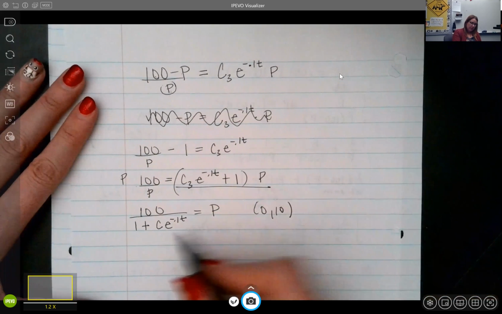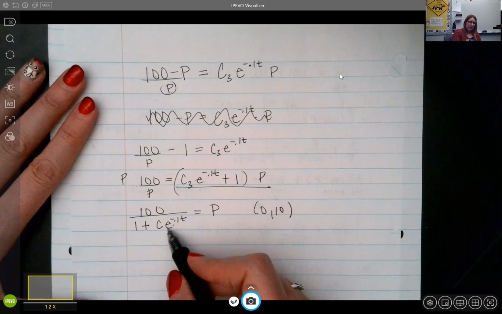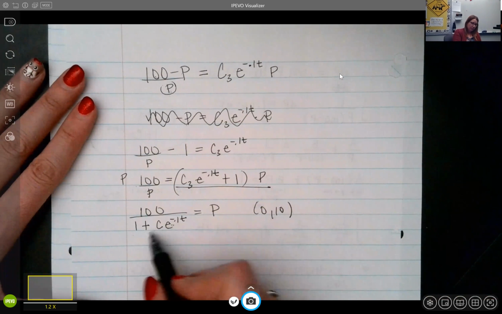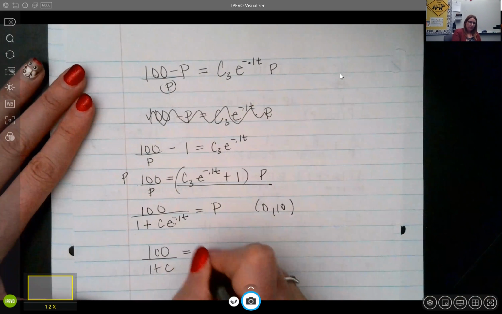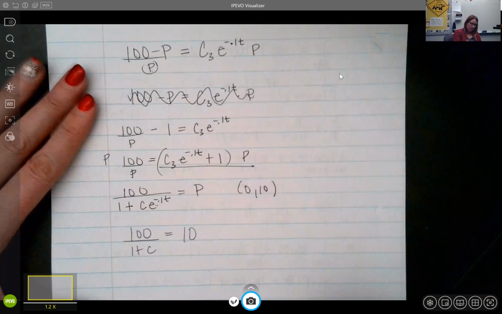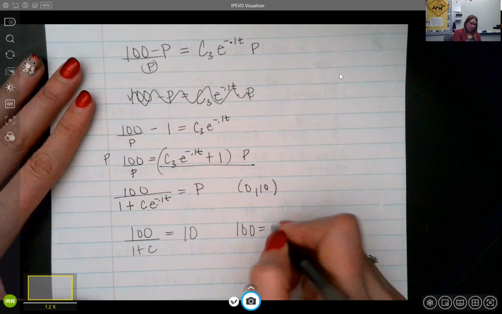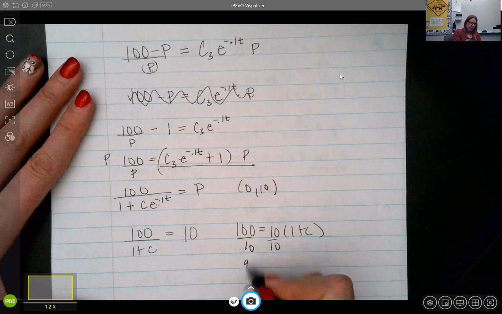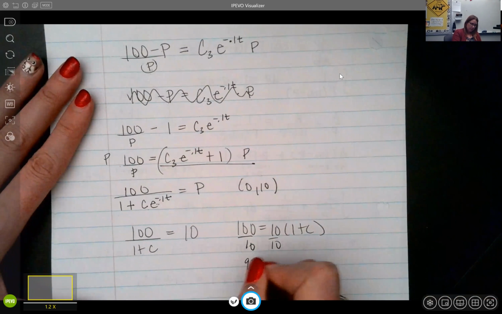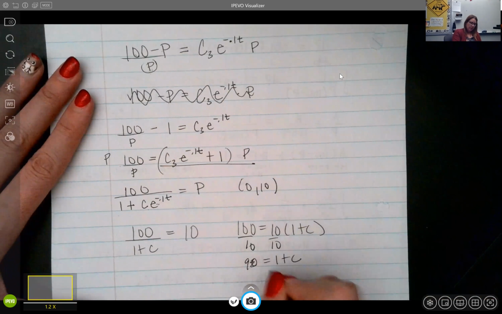All right, now we have an initial condition of (0, 10). So plug in a 0 here, and e to the 0 is 1. So this will just turn into 1 plus c, and p is 10. Divide by 10 and subtract 1.